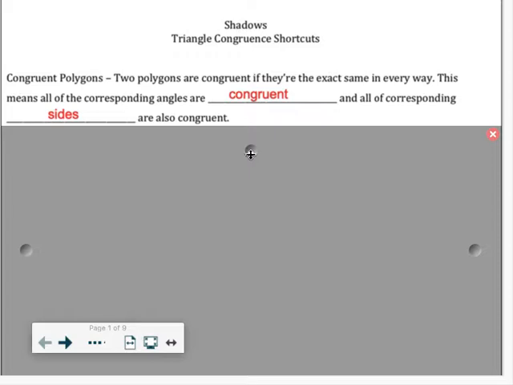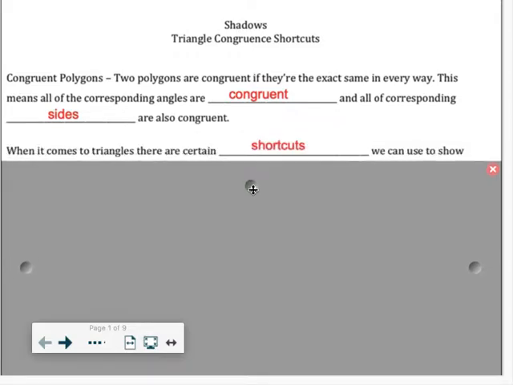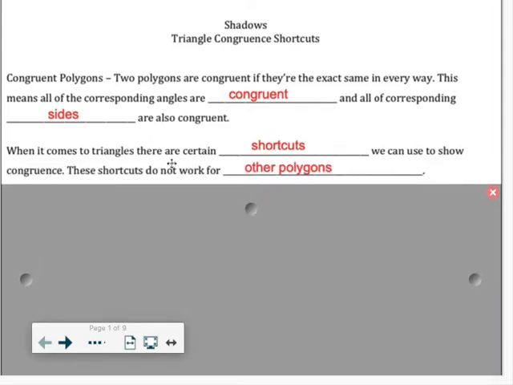However, today we found that there were going to be certain shortcuts for triangles. These shortcuts are not going to work for other polygons.